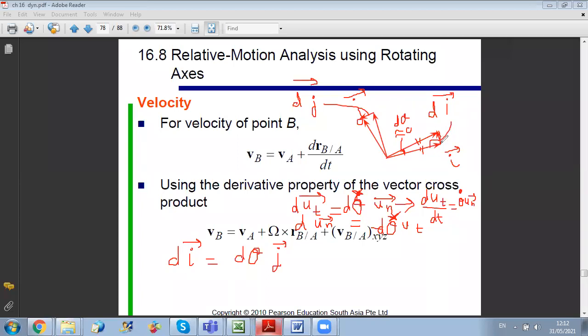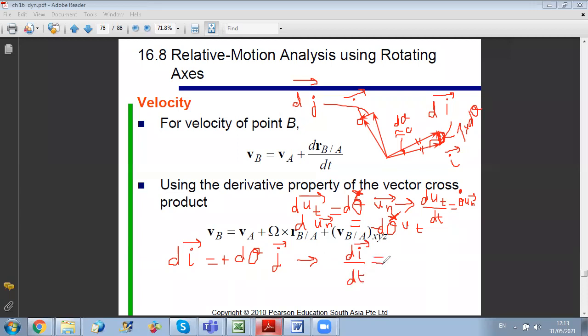Okay, as you can see here it's the same sense as J. So it's plus J times the magnitude. What is the magnitude of dI? dI is a small segment, so it equals the length of the arc of this circle. And this arc of circle has radius 1, because the unit vector magnitude is 1, times d theta. So dI is d theta J, and if you divide by dt, since you are interested in dI by dt, dI by dt is d theta by dt.